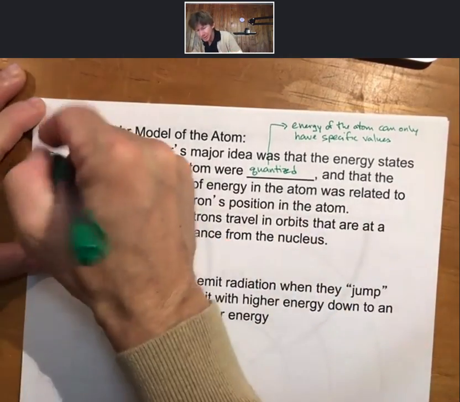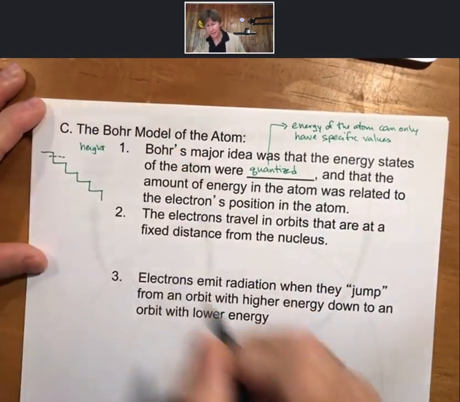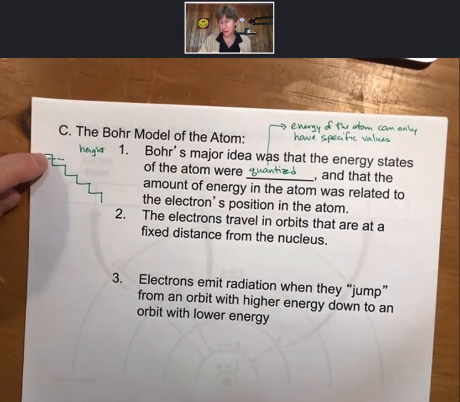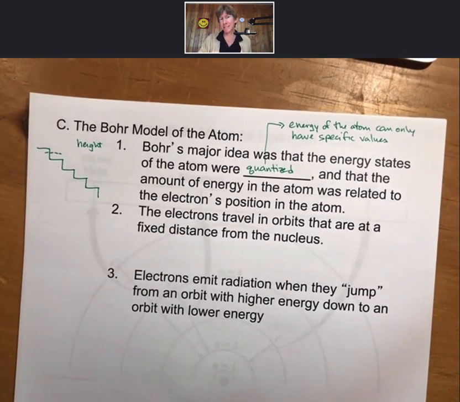It's very difficult for your body to have an in-between level. And the difference being, and why this is not a perfect analogy, is that for the electron, for the atom, it's impossible for it to have these in-between heights or these in-between energy values. Okay.